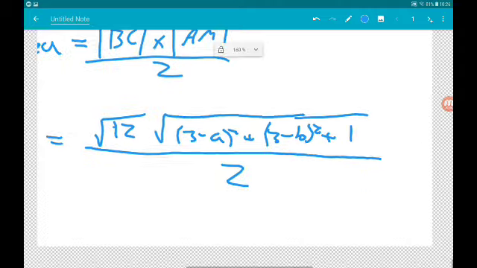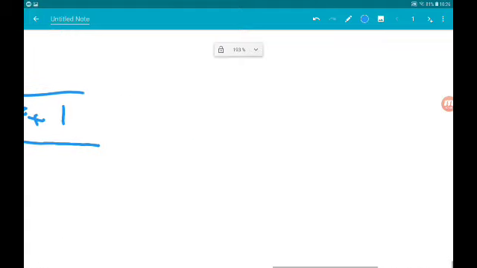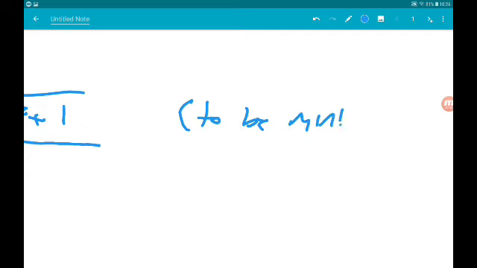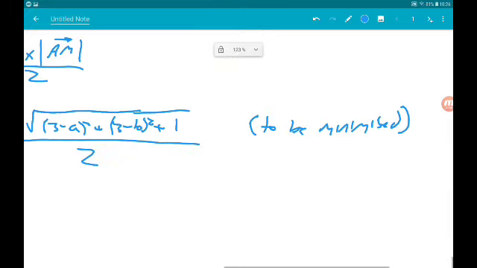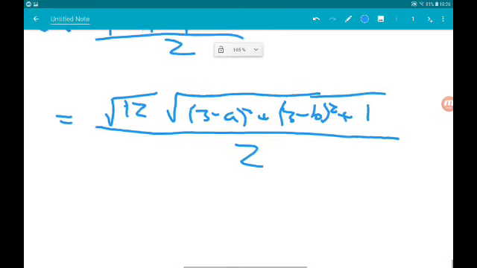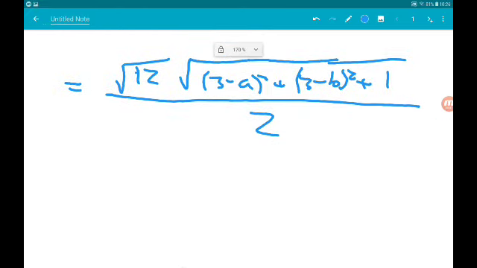Okay, now this is what we want to minimize. So we can simplify that a tiny bit. Root 12 is root 4 root 3, so it's 2 root 3.